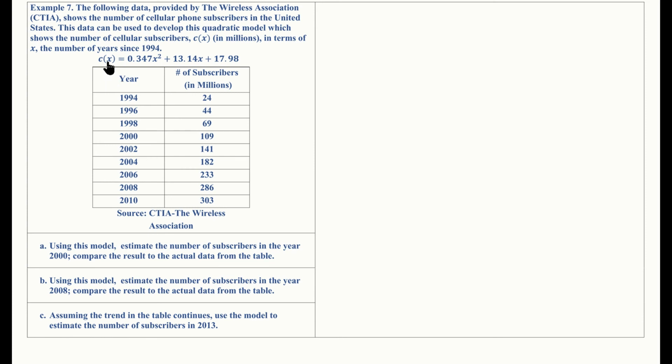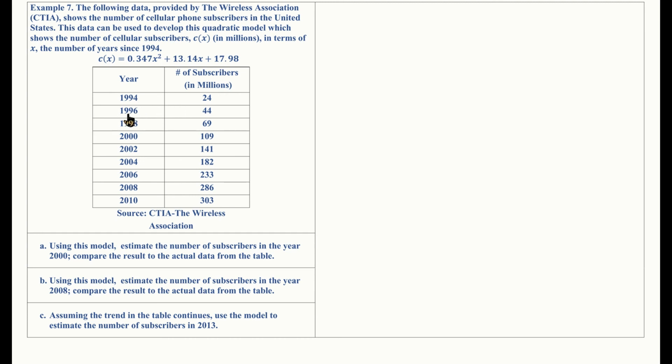And here, X is not actually the year that you're going to plug in. To make things simpler so that you plug in a smaller number, they set up the model so that X represents the number of years basically after 1994, right? So what does that mean?